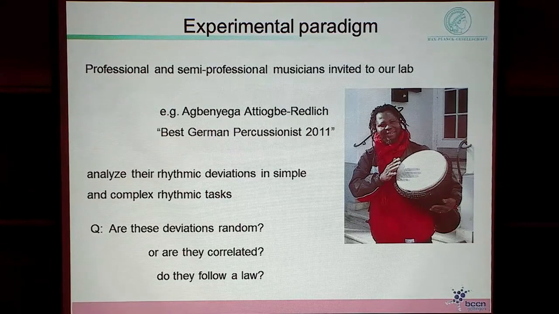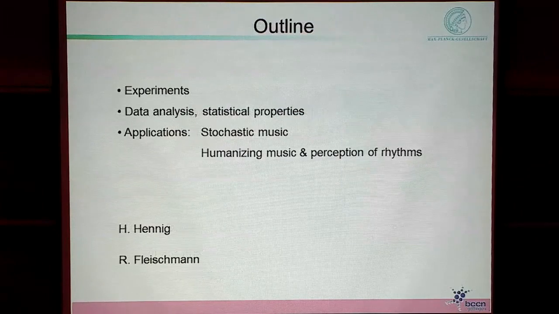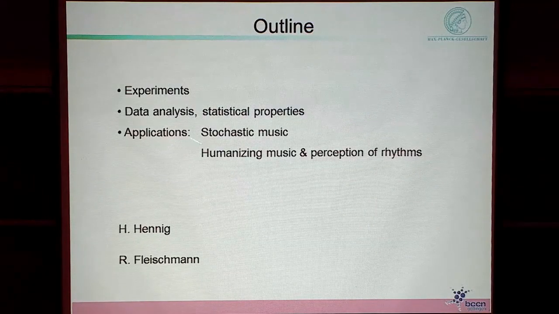Okay. I'll show some experiments first, then explain the data analysis, statistical properties of these data, and give some applications: stochastic music and humanizing music, improving the humanizing techniques, and also talk about the perception of rhythms.